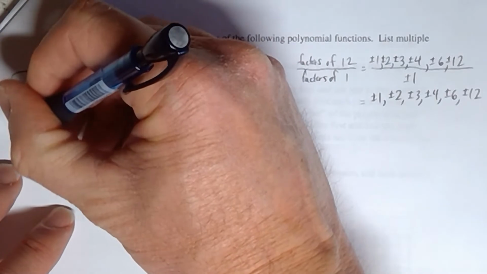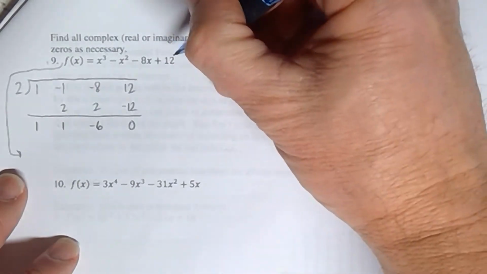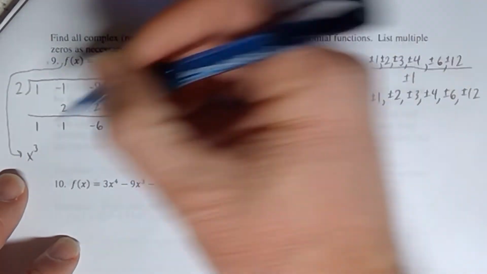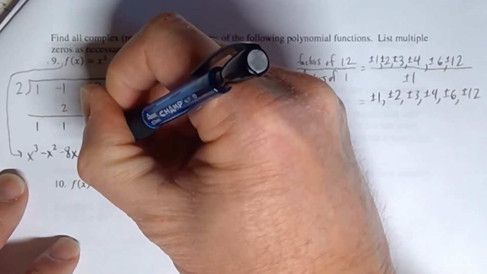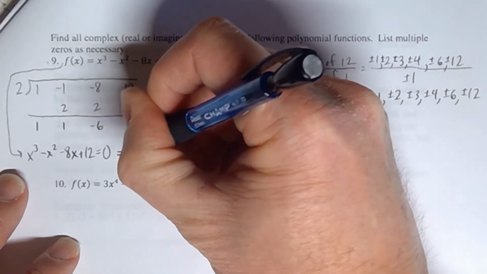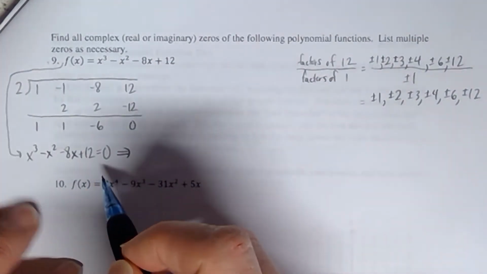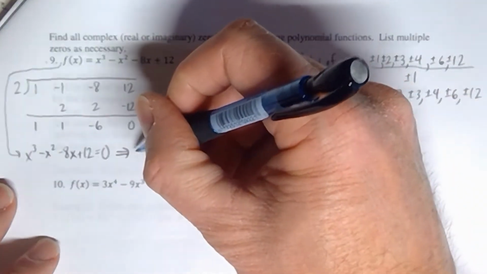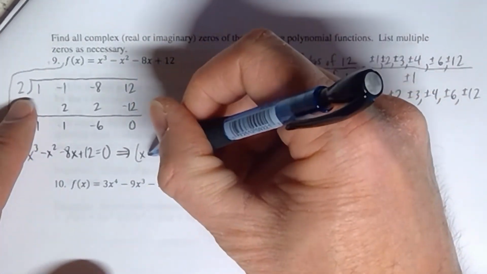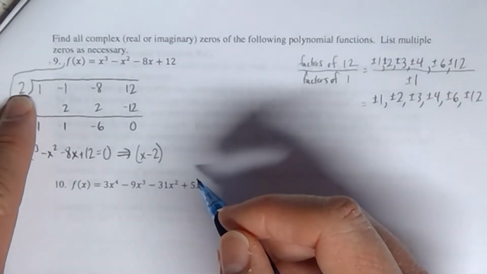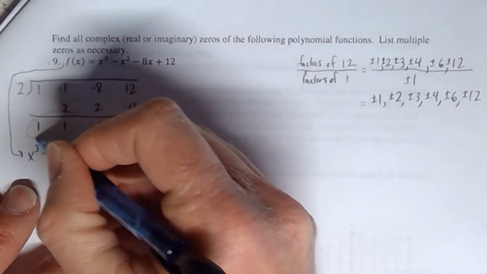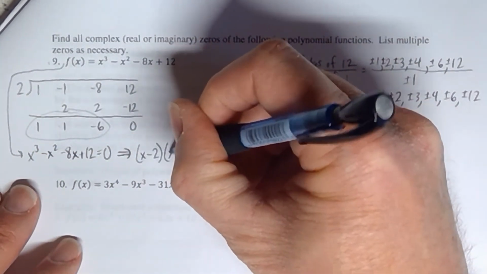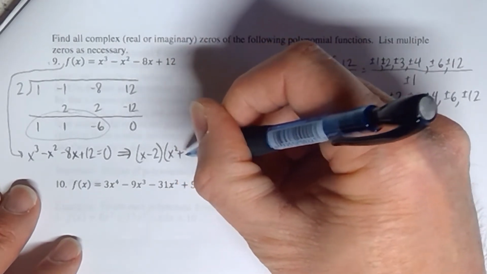The f of x, and by the way, we're going to set that equal to 0 since we're trying to find the zeros, becomes x minus 2. Remember we said the first bracket, you change the sign of that number, combine it with the x, and then these numbers right here tell me what the other bracket is: x squared plus x minus 6.